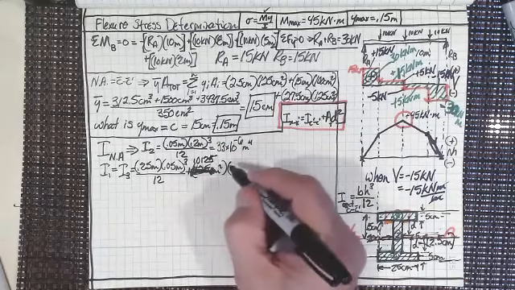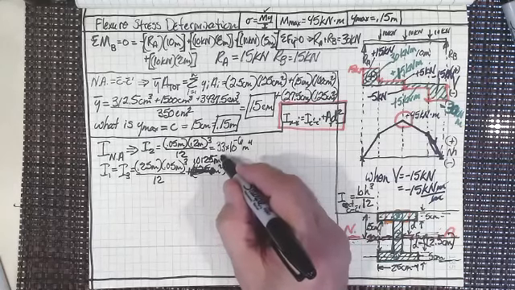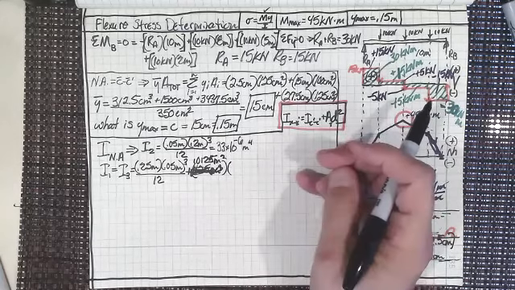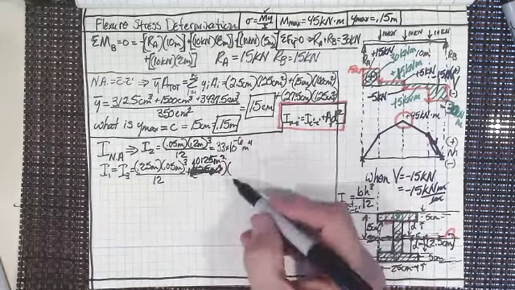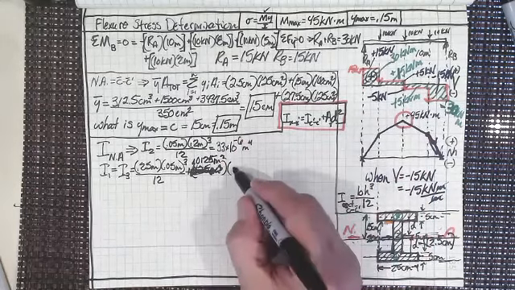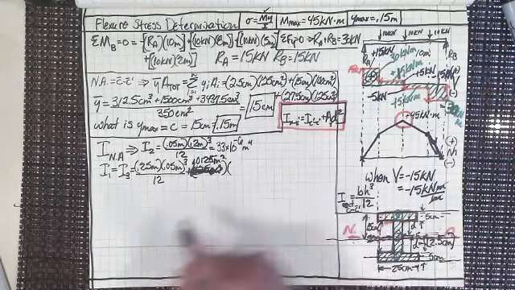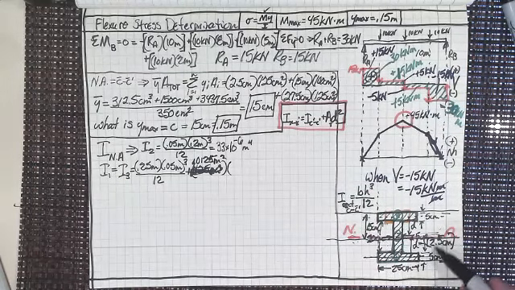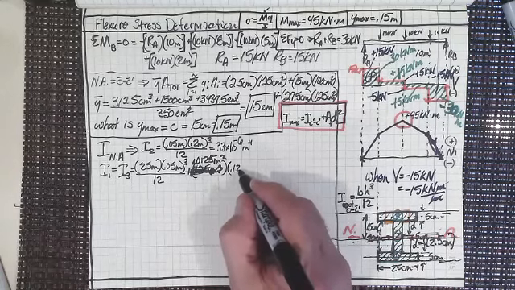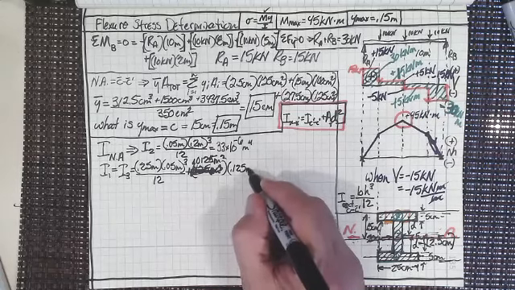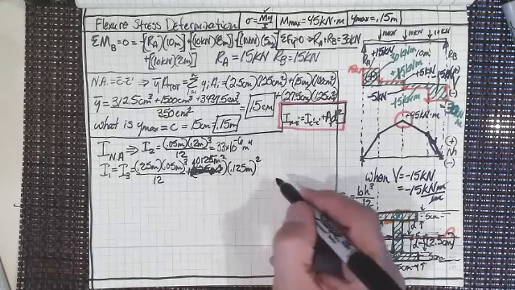0.0125 square meters. All right. I'm going to use it again in just a second anyway. Times the distance, and we know the distance is 12, so it's 0.125 meters squared.